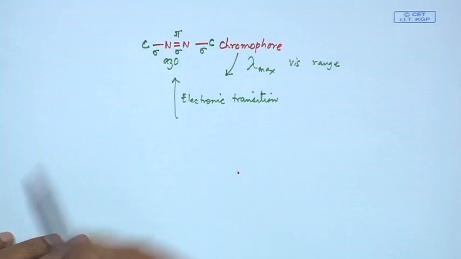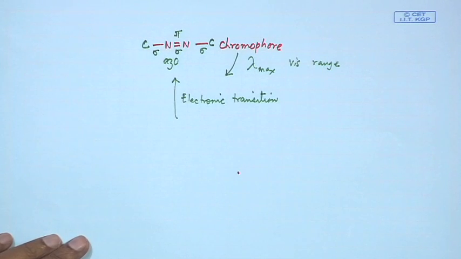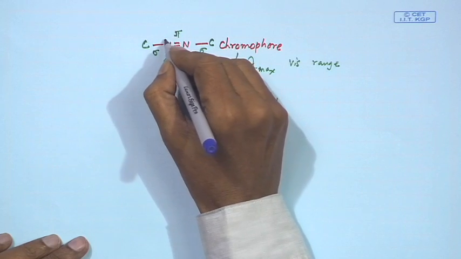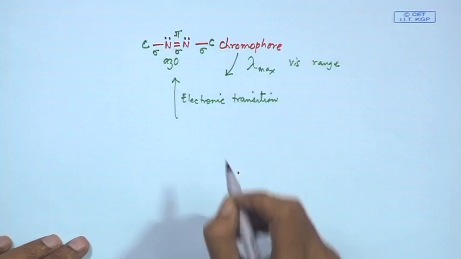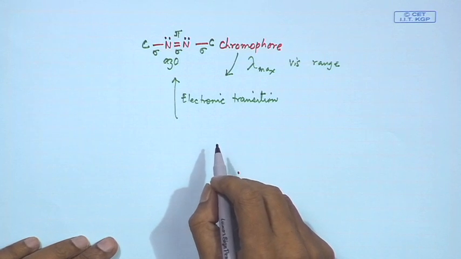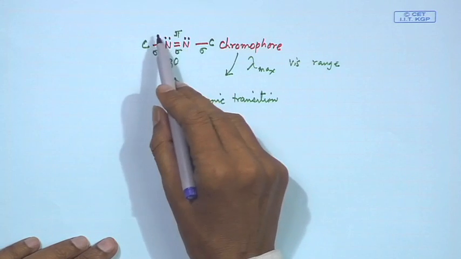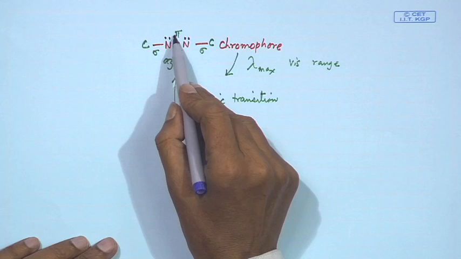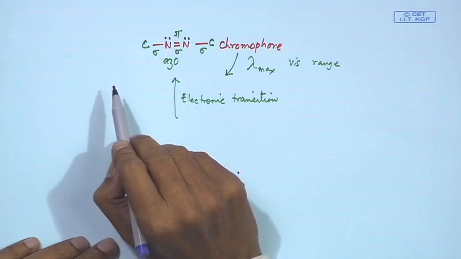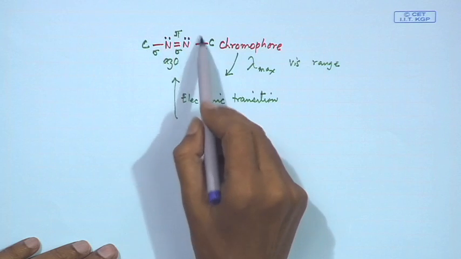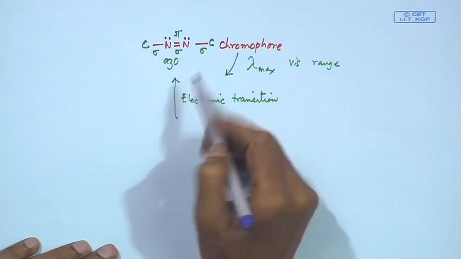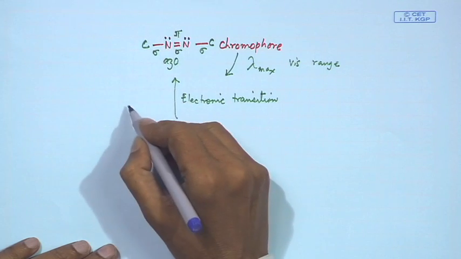So, the only available bond here is the pi bond, and we should also look at the available lone pair of electrons on this nitrogen. These non-bonding electrons can take part in electronic transitions. So, this can be a very useful chromophore because it can absorb radiation.